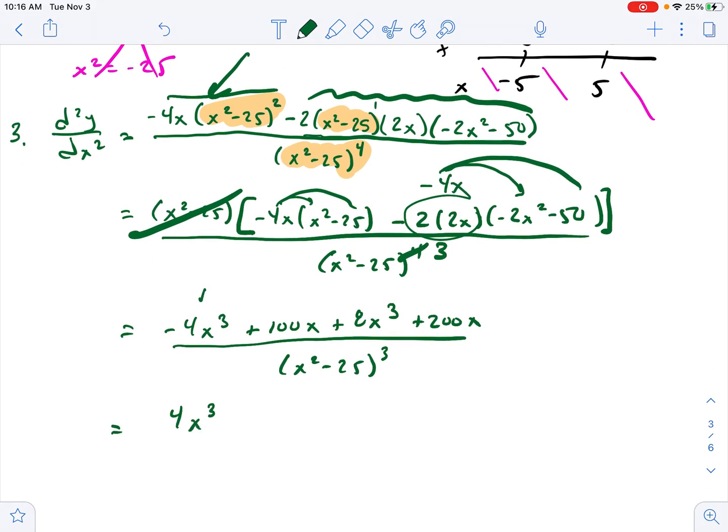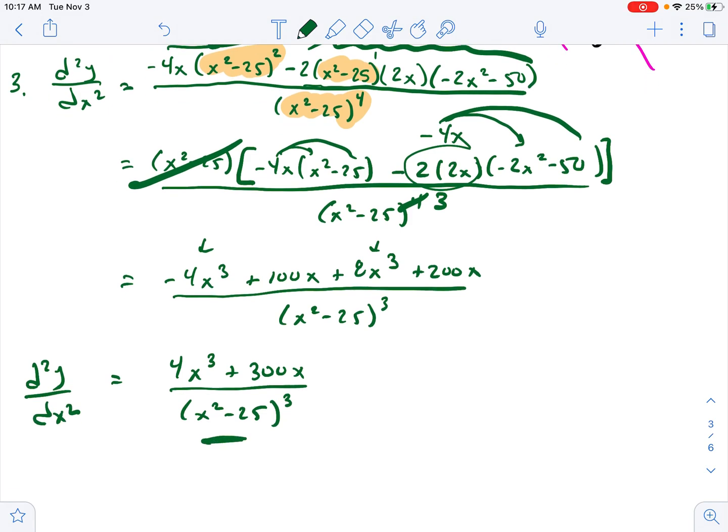And so cleaning this up, it looks like 4x cubed when I combine these plus 300x over this thing cubed. All right, so there's our second derivative. Again, this is undefined at plus or minus 5, just like the original function in the first derivative were, and it equals 0 when the numerator equals 0.